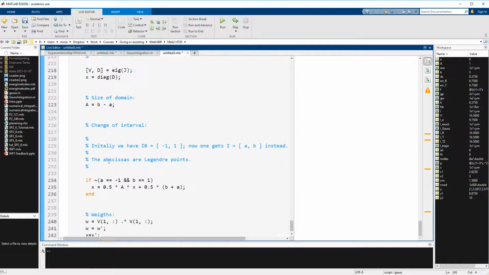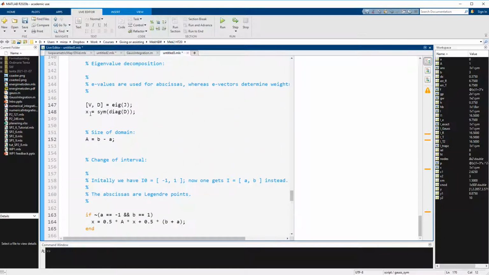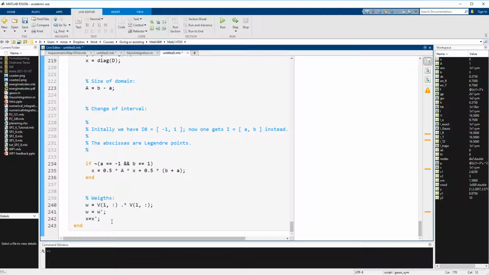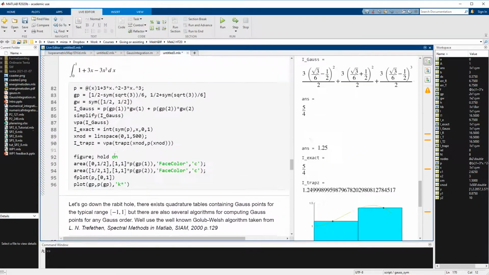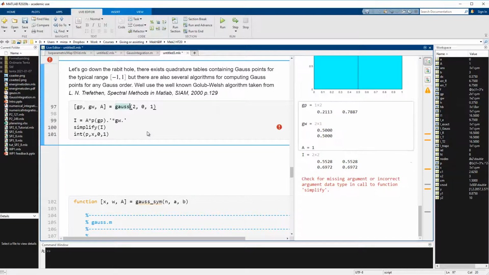Here I modified it: I put sim here, converted the weights to symbolic values, and converted x here to symbolic values, but in general they are just double precision, decimal numbers. So in reality this is what we are working with.